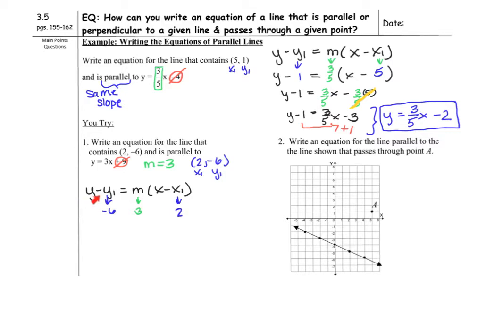So I still have y minus on the left-hand side is equal to 3 times x - 2. So just be careful here. It's always subtraction, and then when you're substituting in a negative number, this is going to become addition. So you have y + 6 = 3(x - 2). Then we're going to distribute. So you have y + 6 = 3x - 6.